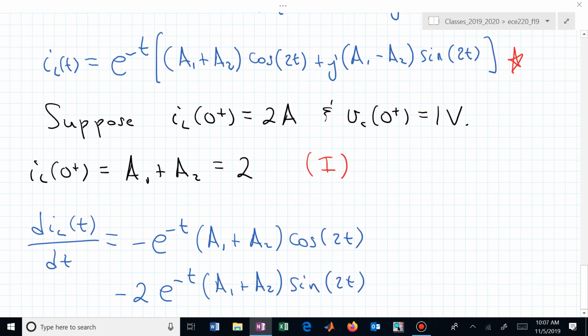Now I'm going to do the same, but I'm now doing it with the piece that has the square root of minus 1 involved, the j.